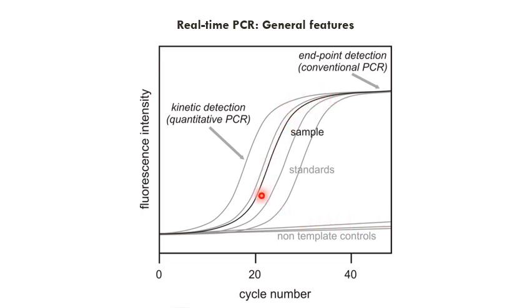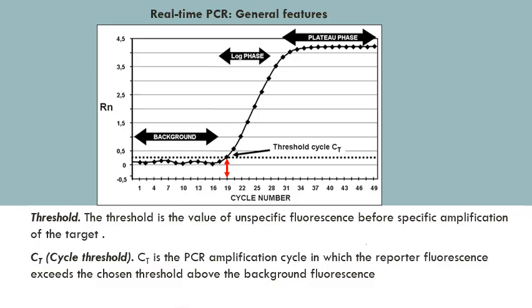And this is, for example, your sample compared to the standards. As we said, you have to know what's called a threshold. A threshold is this dotted line, which is the value of unspecific fluorescence before specific amplification of the target. So you have some non-specific fluorescence, then once your target starts to fluoresce, you will have this exponential phase.